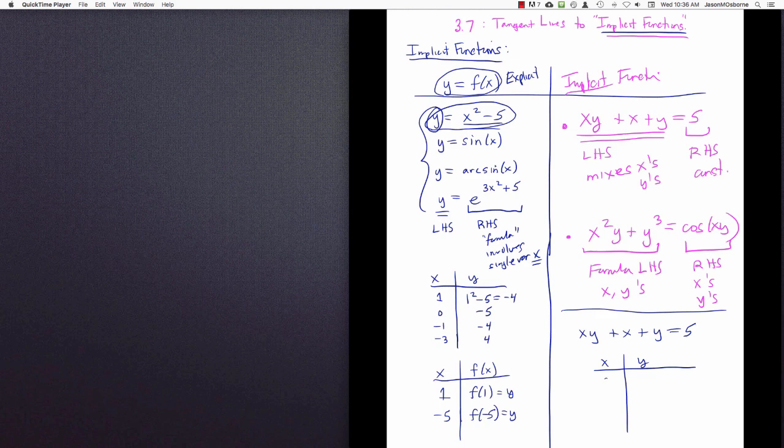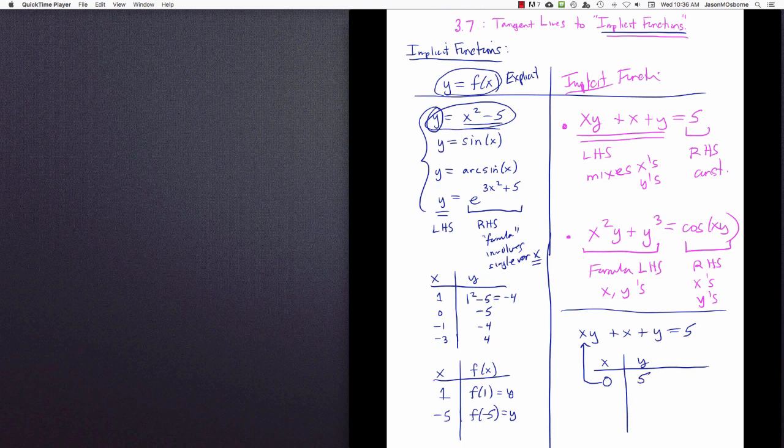For example, if you pick x equal to 0 and put that into this equation, it leads to 0 plus y is equal to 5, which means you've figured out what y is. So when x is 0, y had to be equal to 5.